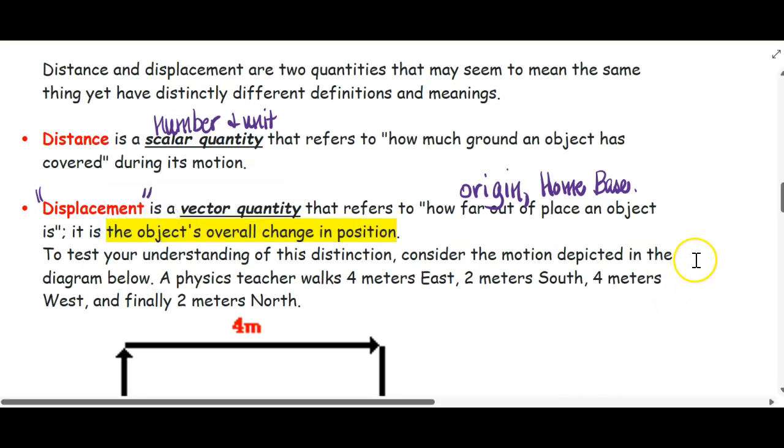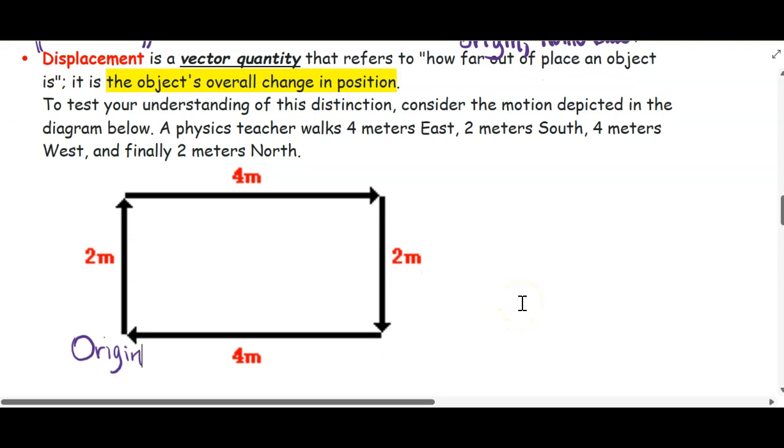All right. Now, to test your understanding of this distinction, consider the motion depicted in the diagram below. A physics teacher walks 4 meters east, 2 meters south, 4 meters west, and 2 meters north.